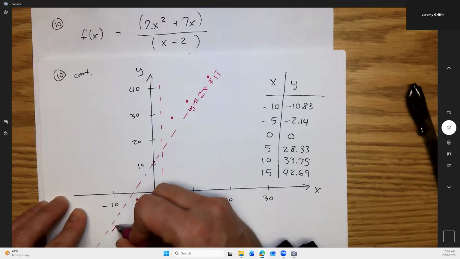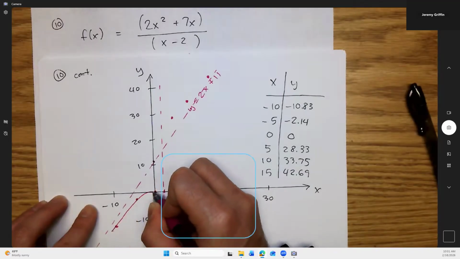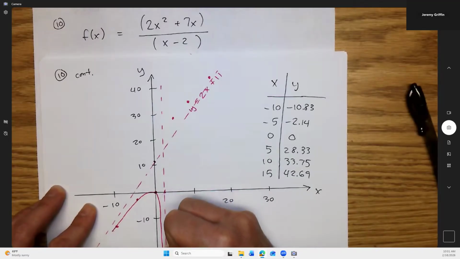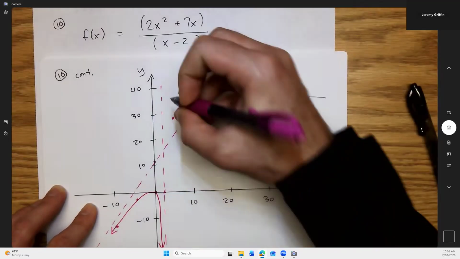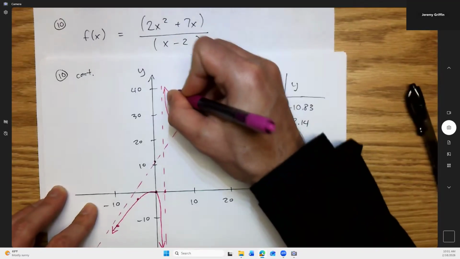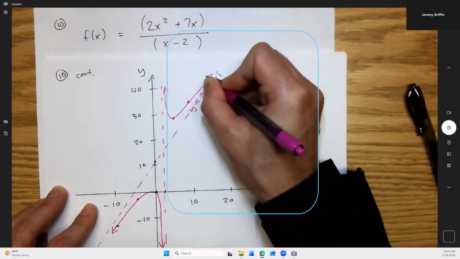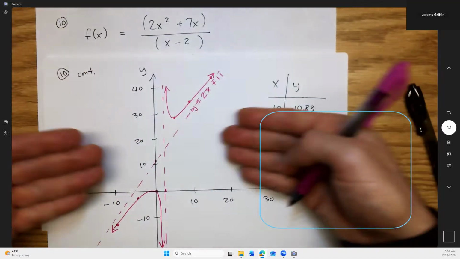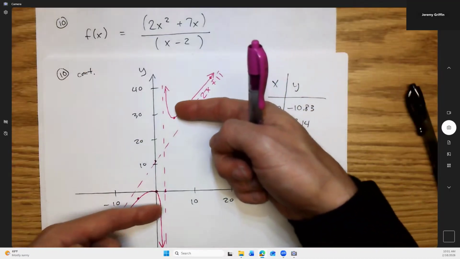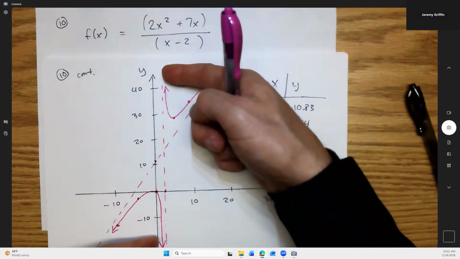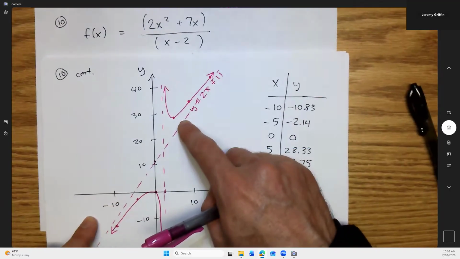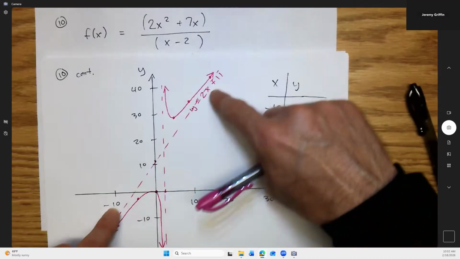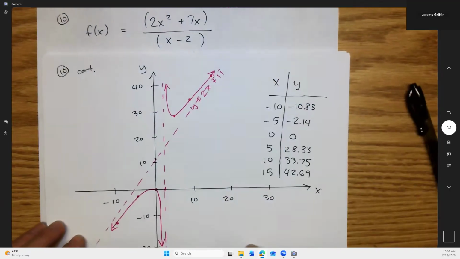But I bet it's going to look like this. As you approach x equals 2 from the other side, you'll be approaching this vertical asymptote, so it'd have to take off like that. And if x goes to negative infinity or positive infinity, it should asymptotically approach this oblique asymptote.